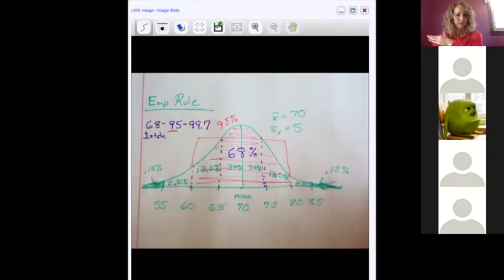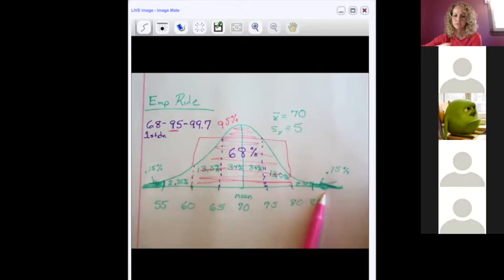So I would sketch this out separately. Make sure you label the mean and all of the standard deviations. Break it down into those little pieces so that you know how much of your data falls within each one of those little sections of your graph, and then add it together or give the ranges as you need to.